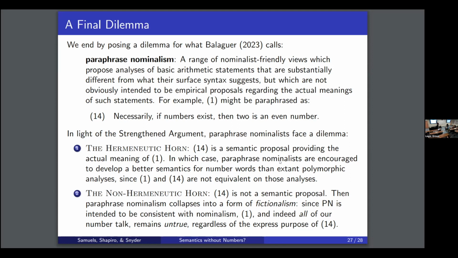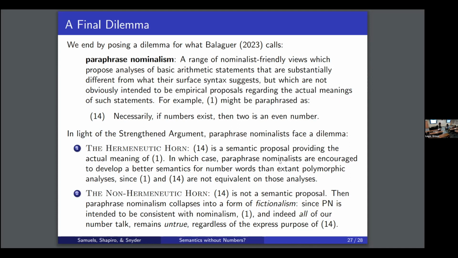But there is another dilemma that's very similar to it, based on the strengthened argument that we just gave. Here's how it goes. So there's the hermeneutic horn. That was the original submit-your-version-to-the-semantics-journal horn. So 14, or whatever your preferred analysis is going to be, either that is a semantic proposal providing the real meaning or the actual truth conditions of the original sentence. In which case you are encouraged to submit your account to a semantics journal.